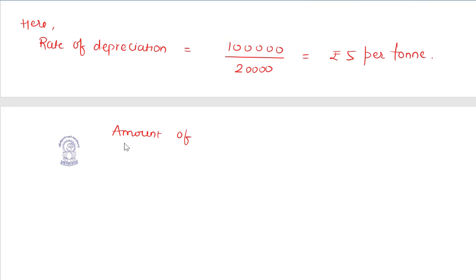Now calculate the amount of depreciation. The amount of depreciation equals the total extraction of 1,000 tons in this year multiplied by rupee 5 per ton, which is rupee 5,000.